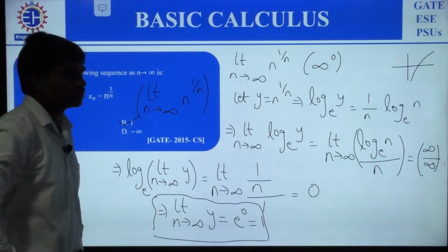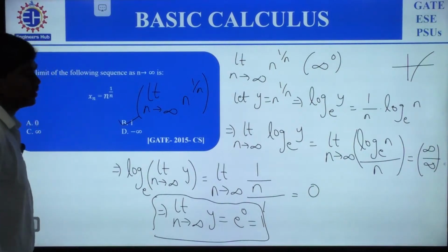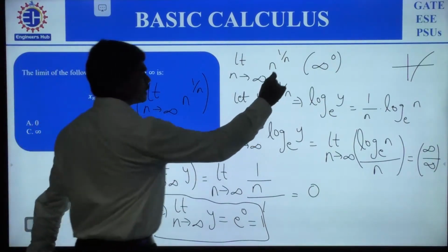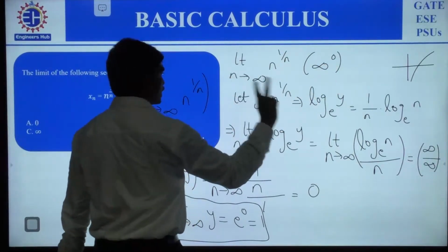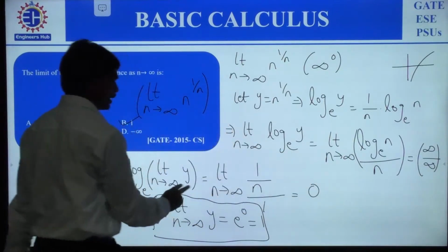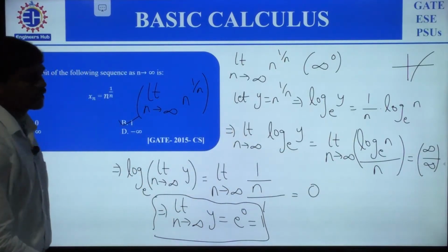Clear? So, shall we move ahead? Whenever I'm repeating, whenever you are getting indeterminate forms in power forms, apply 2 L's. 1 L stands for logarithm, and second L stands for L'Hospital. That we applied here in this case.